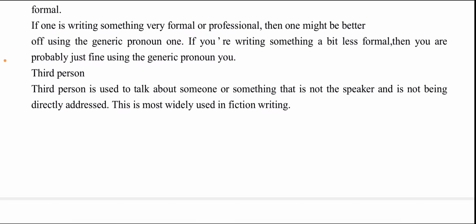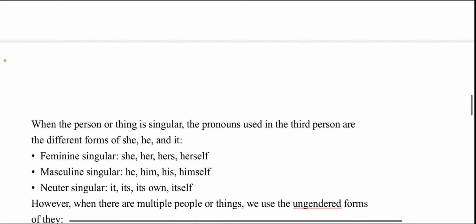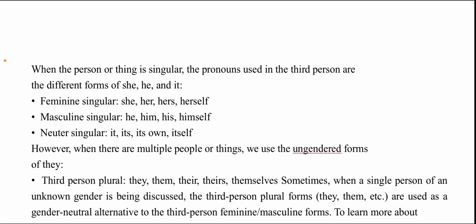Third person is used to talk about someone or something that is not the speaker and is not being directly addressed. This is most widely used in fiction writing. When the person or thing is singular, the pronouns used in the third person are the different forms of she, he, and it.